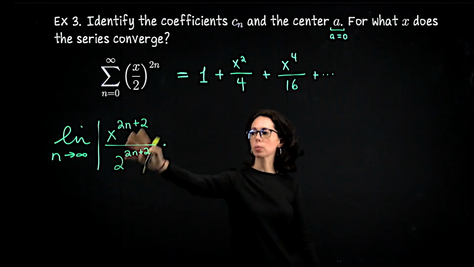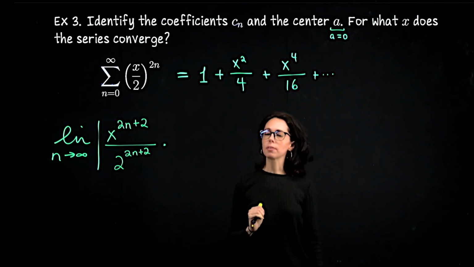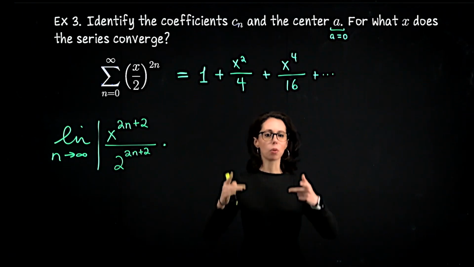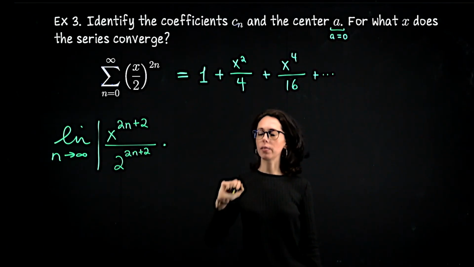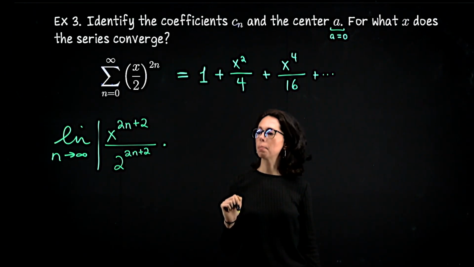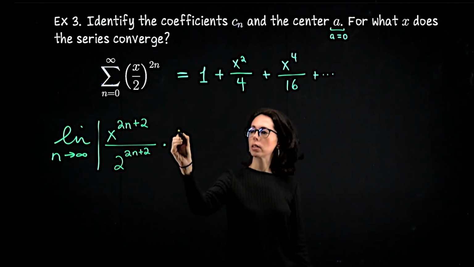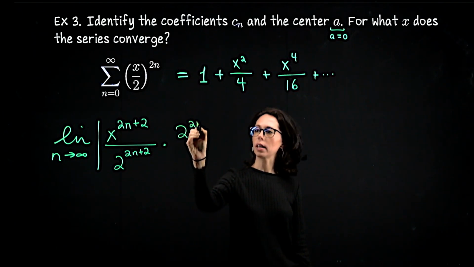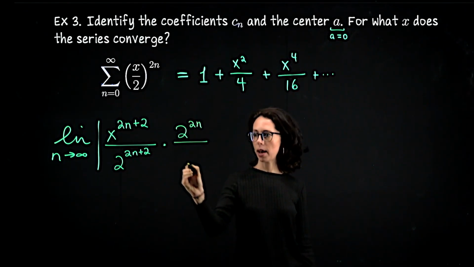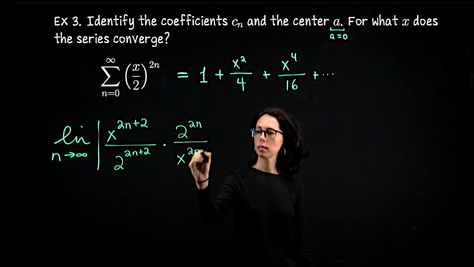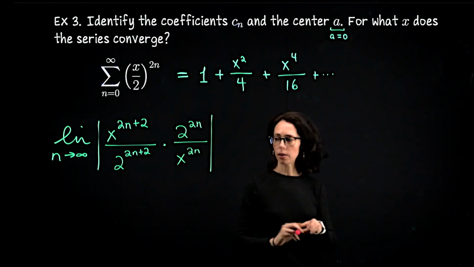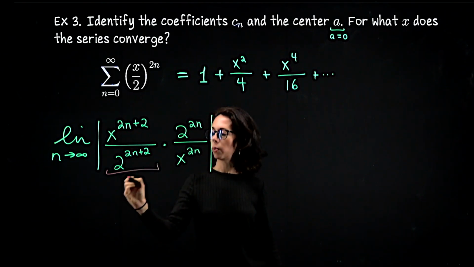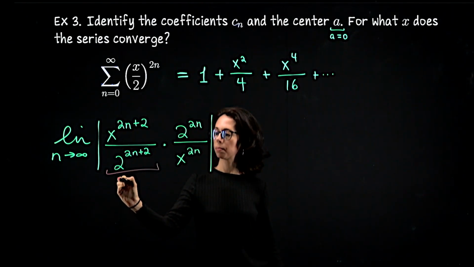So this is the n plus 1th term. To divide that by the nth term is to multiply by the reciprocal, again breaking it up into individual powers of the numerator and denominator. After I take the reciprocal, that's going to look like 2 to the 2n divided by x to the 2n, like that. Okay, so this was the n plus 1th term.